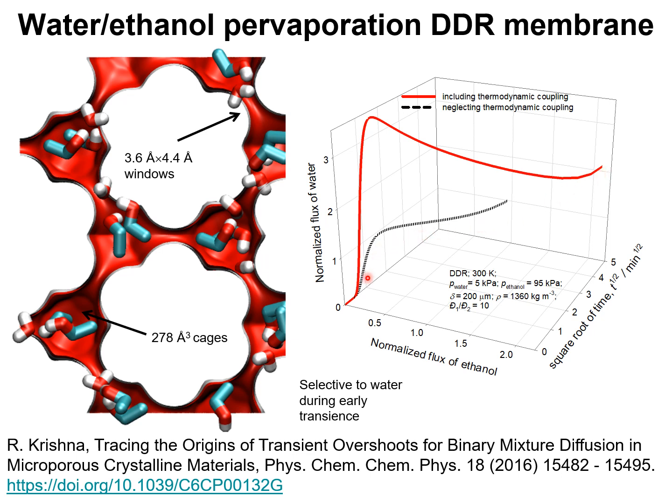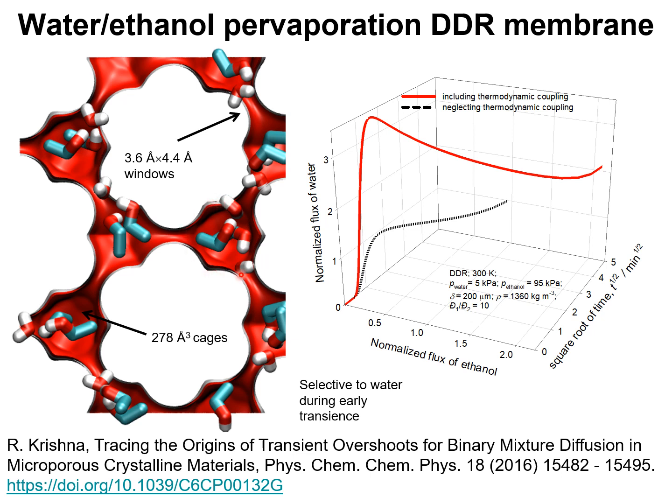If we ignore thermodynamic coupling, no overshoot in the water flux is detected. It's interesting to note that during early transients, the permeation selectivity is strongly in favor of water.